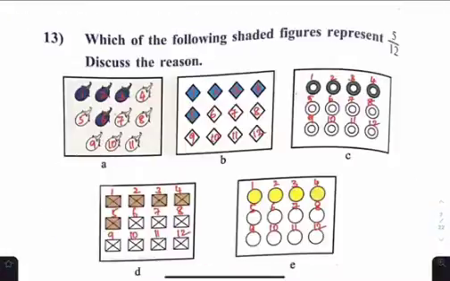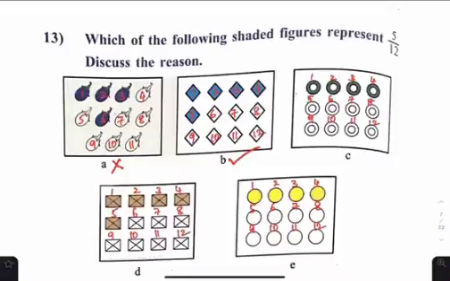Now moving on, children, which of the following shaded figures represent 5 by 12? Discuss the reason. Okay, in the first figure, it doesn't satisfy. Shaded part is just 4 and we have numerator as 5. So it doesn't satisfy. Okay, now next, 1, 2, 3, 4, 5. 5 is the numerator and the denominator is 12. So it satisfies.